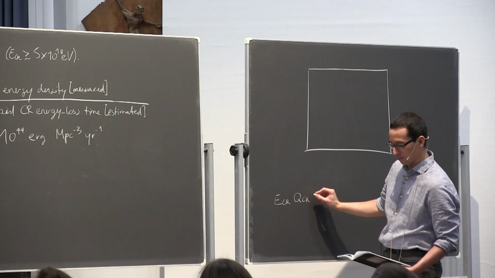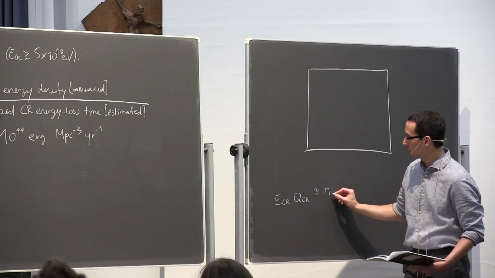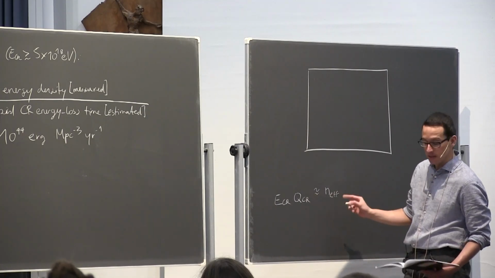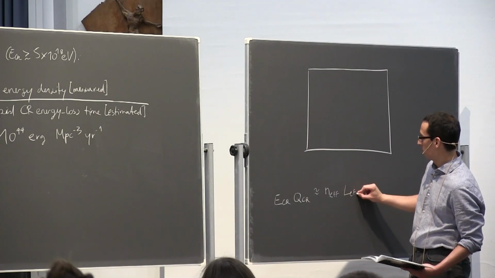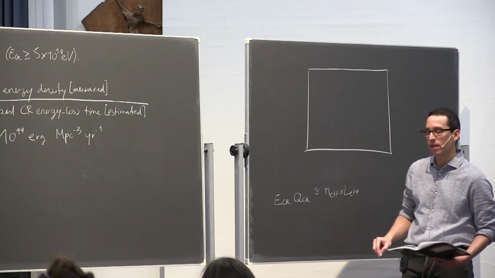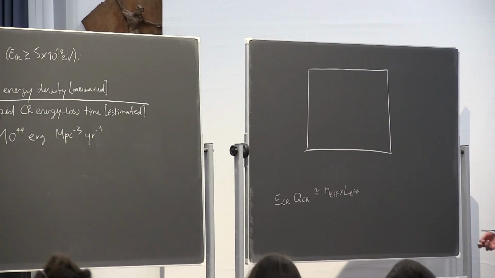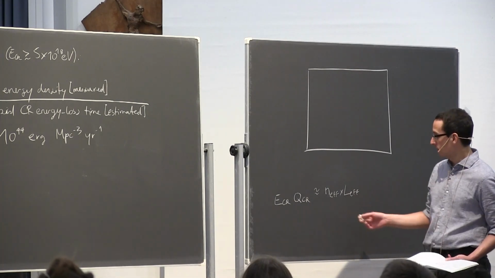So we're going to assume that there is some population of cosmic ray sources with an effective number density and an effective luminosity. And what does that mean? I'm assuming that all of the sources inside the population are identical, and any one of them is prototypical of any member of the population.